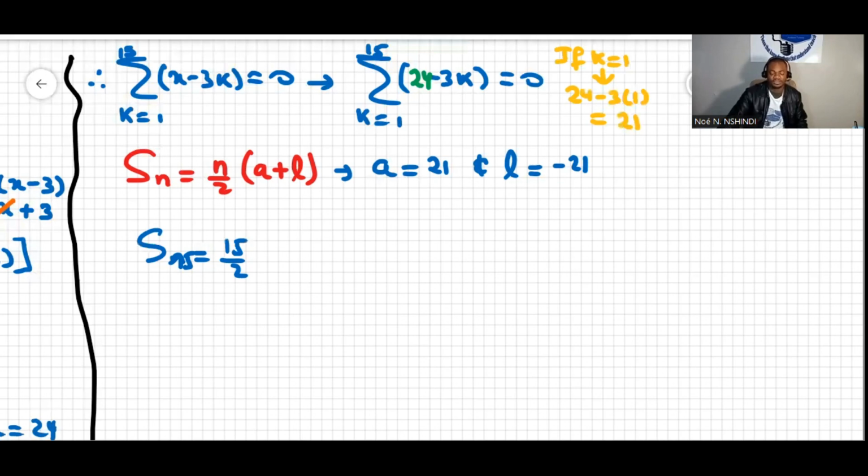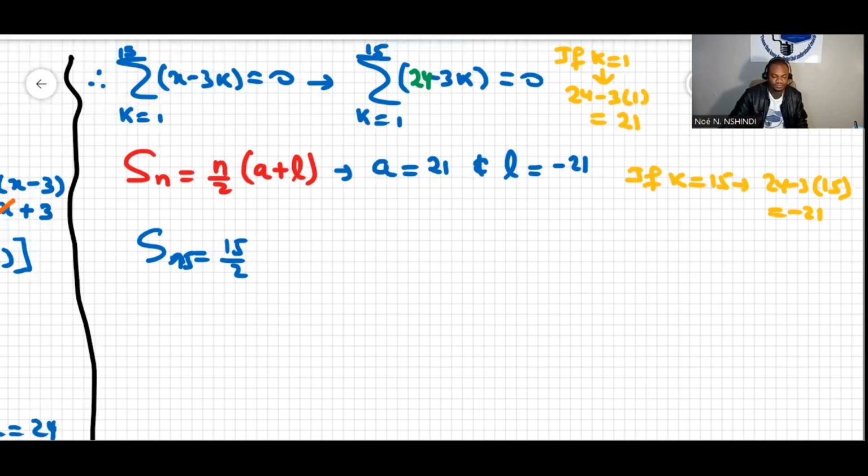This is when k is 1, which is the first term. And then when k is 15, the last term, this means 24 minus 3 times 15, and this is equal to negative 21.